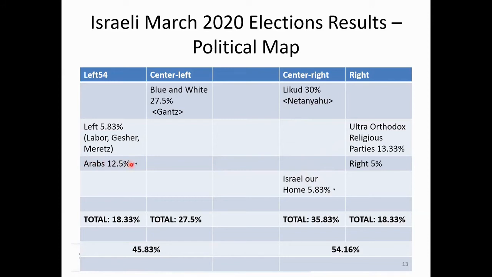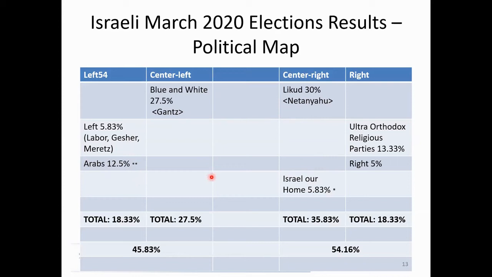At the same time, the Arabs, who have just over 12% representation in the Knesset, typically will not go into a coalition with all the other parties, because all the other parties consider themselves Zionist parties, and the Arab party is not considered to be a Zionist party.